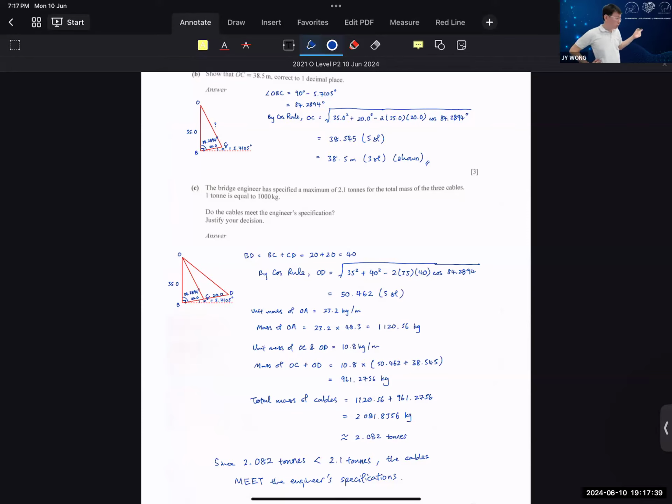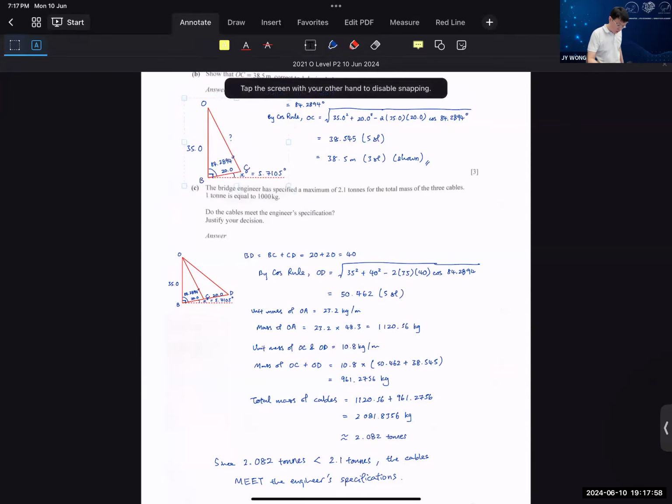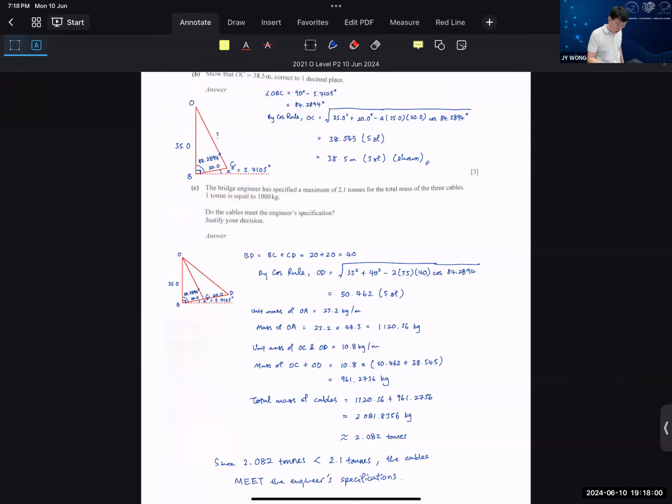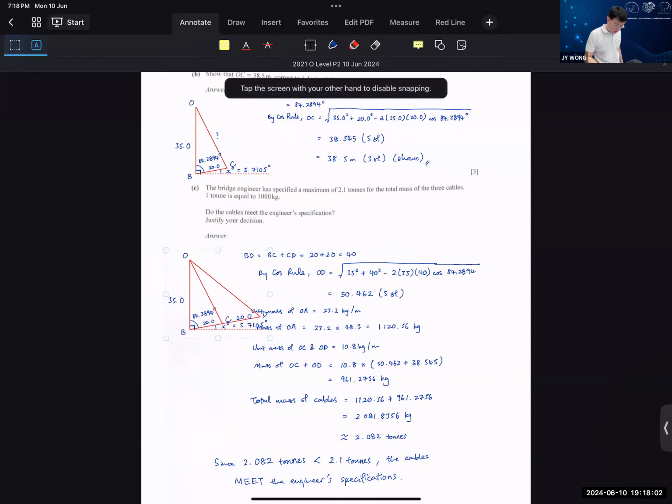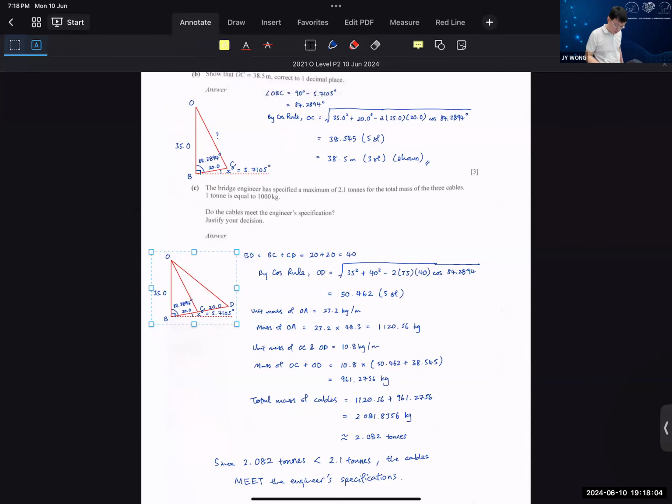And then make sure you draw out diagrams. A lot of you do trigo questions, you don't like to draw your diagram. You get extra marks for having a clean paper? No, trigo questions must draw out the diagrams to visualize the question. Okay? Clearly for a question like that, in this case, the answer meets the specification.